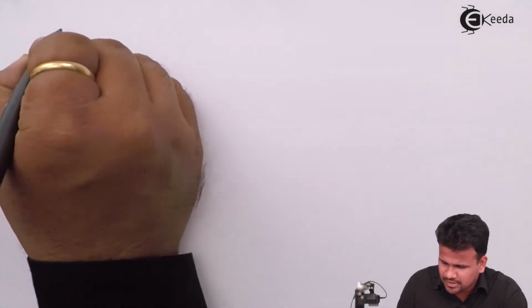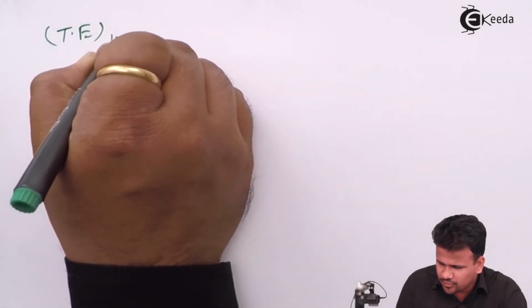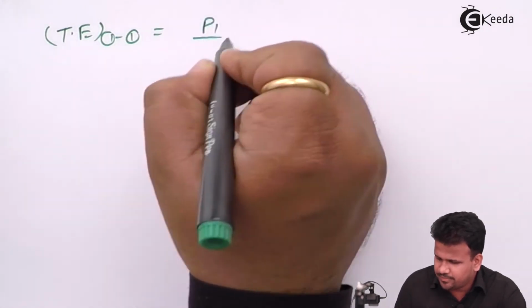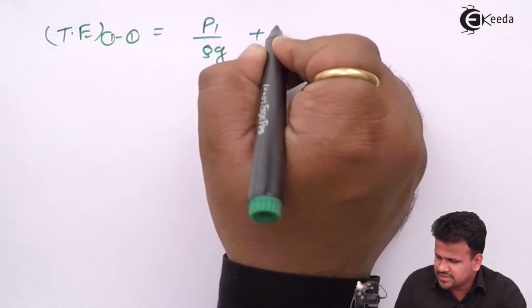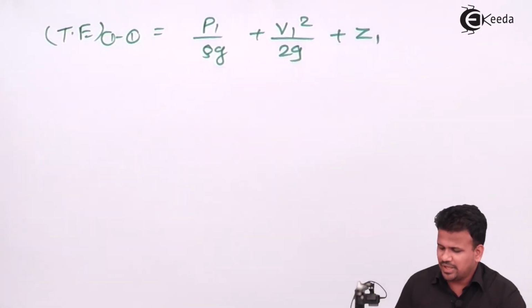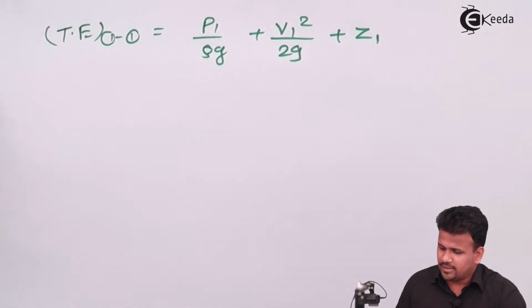Our Bernoulli's equation states that the total energy at section 1-1 is equal to P1 upon rho g plus V1 square by 2g plus Z1. This is the velocity term, and this is the total energy.